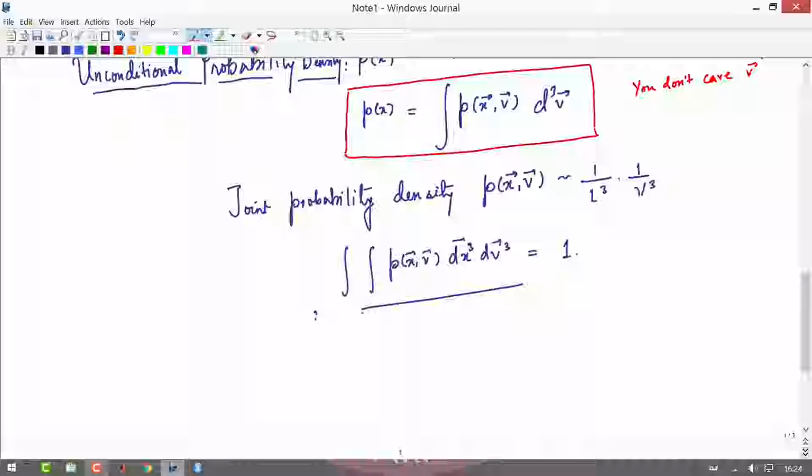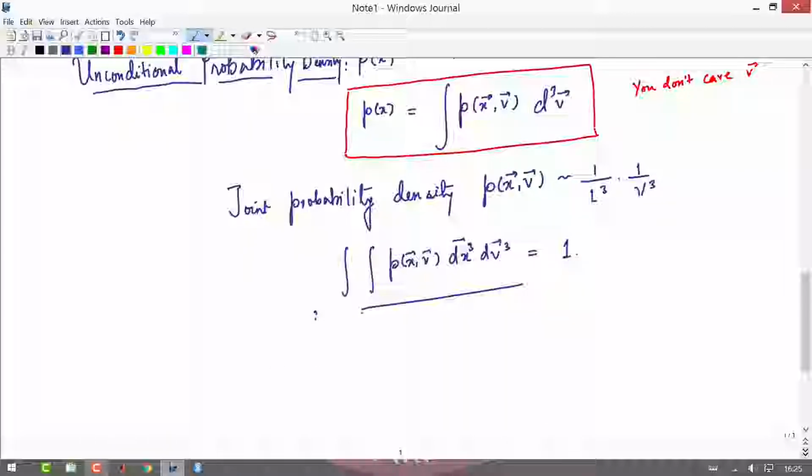The other subset is positions. You say I want to know the probability of finding a particle at location x, and I don't care what the velocities are. So you just have to integrate the joint probability density over all velocities, and this will give you the unconditional probability density on x. Similarly, you could also obtain the unconditional probability density on velocities.